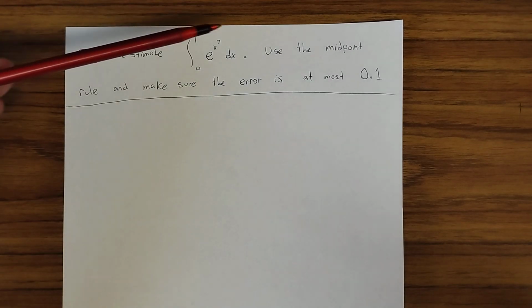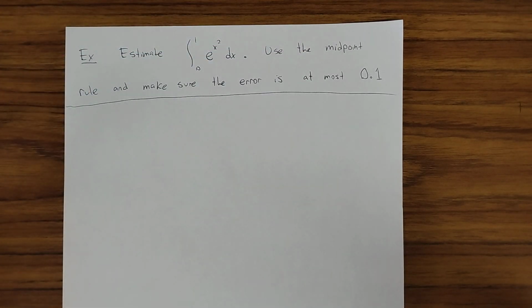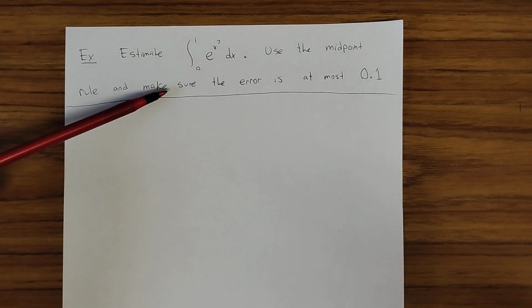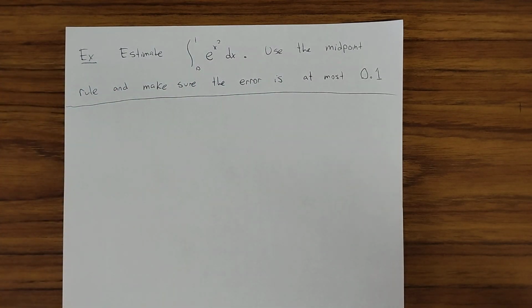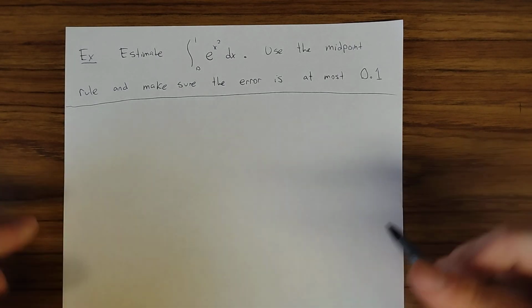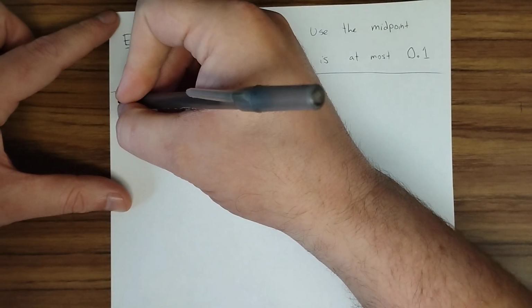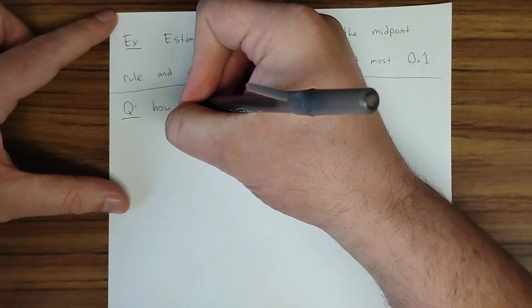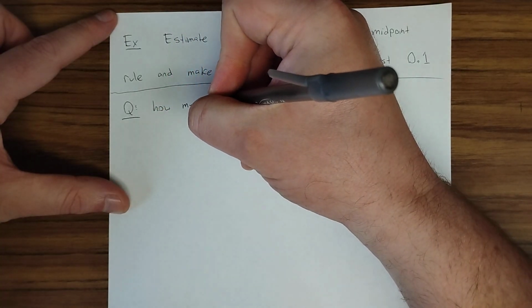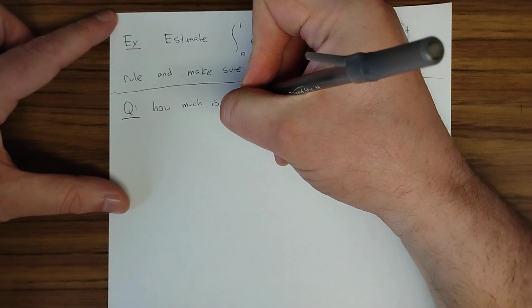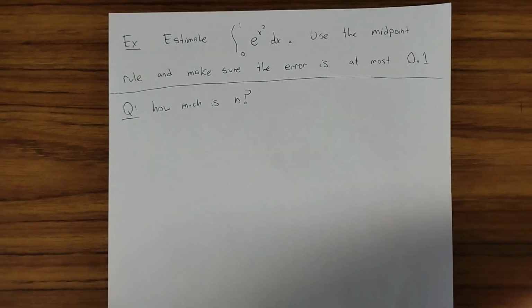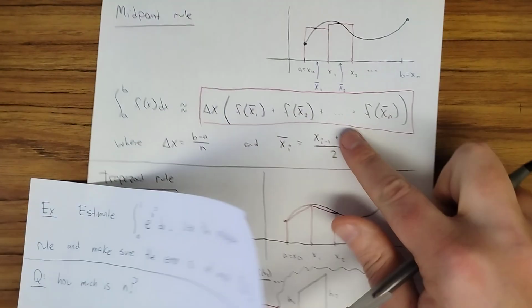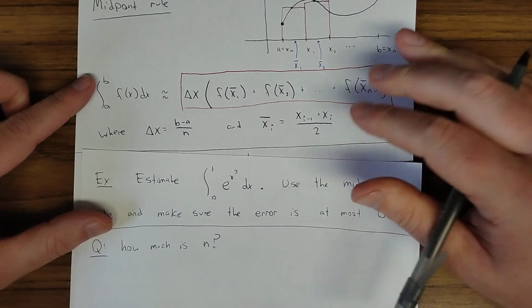We can estimate it, and let's say we want to use the midpoint rule, and just to make sure we get a reasonable estimate, we want to make sure that the error is at most 0.1. So we're using the midpoint rule.